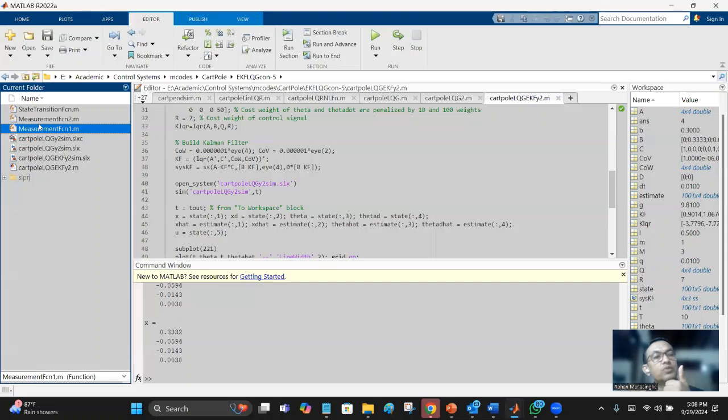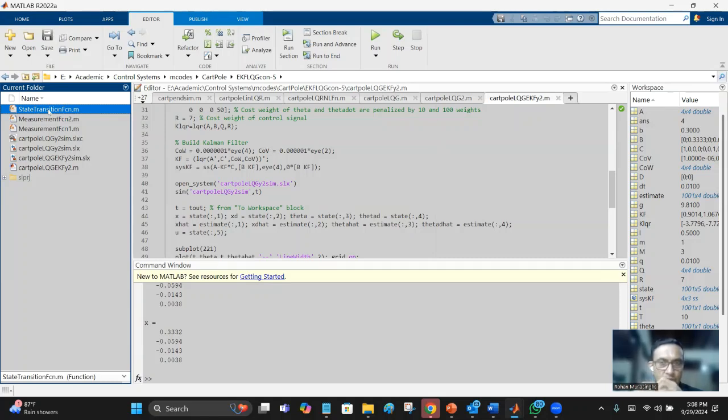Then you also have to tell how the state changes, like the rate of change of the state variables. You have four state variables. You have to write down the equations for the rate of change of the four state variables. In other words, the Jacobian matrix.